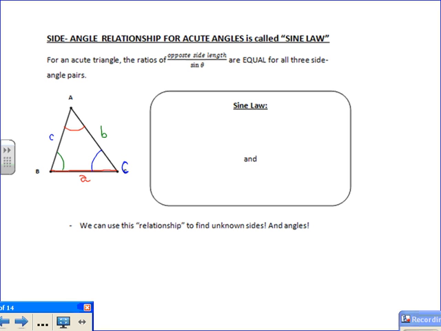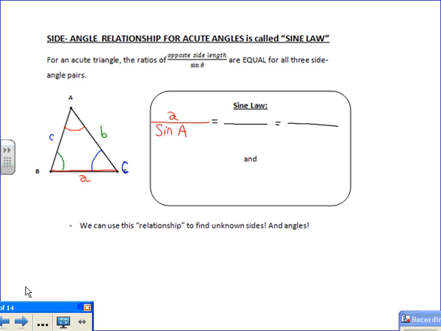And sine law looks like this. It says that side length a over the sine of angle A is equal to both the other ratios in this triangle. So the side relationship with its angle, the ratios of those are equal for all three of these angles in this triangle.